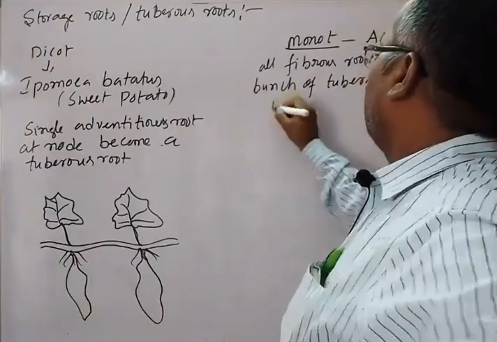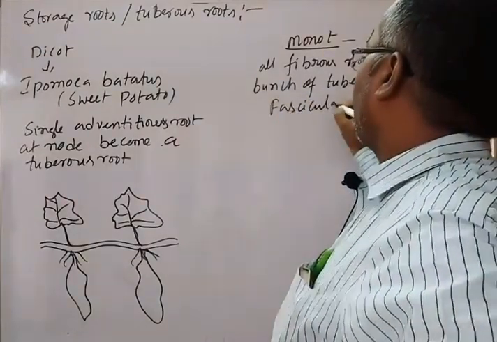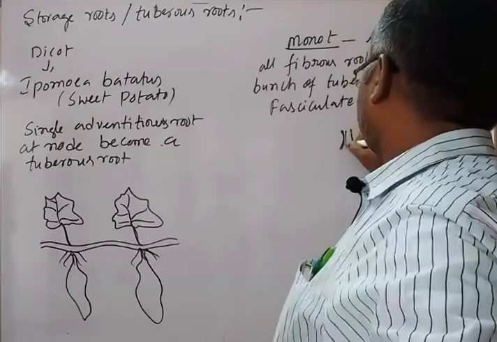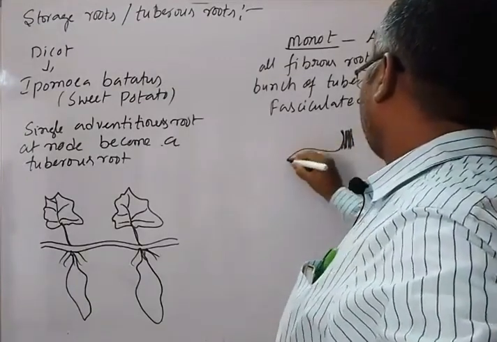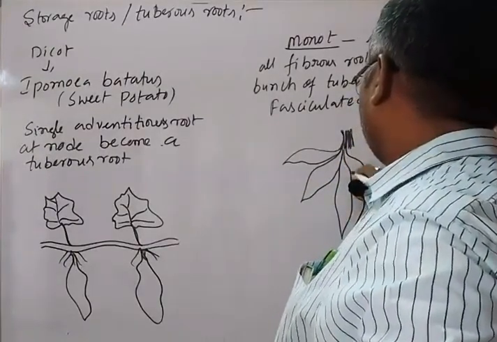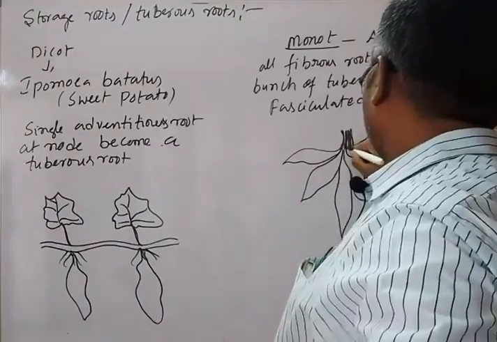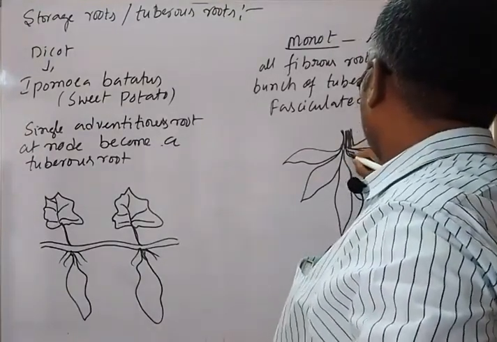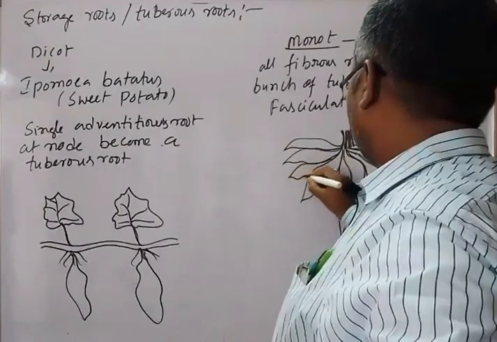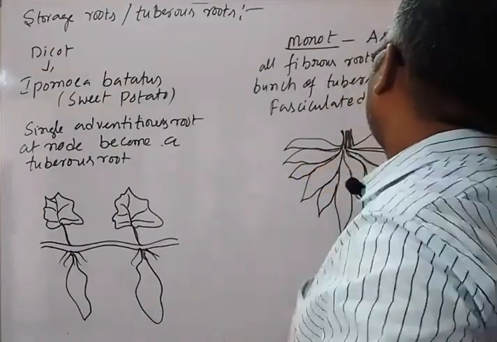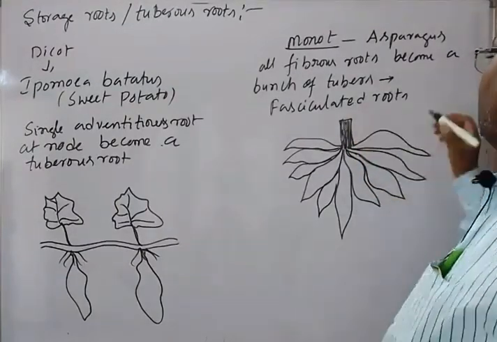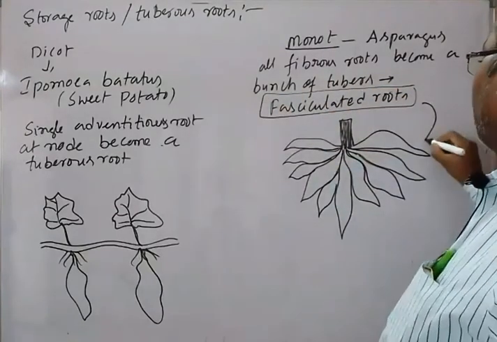That is called fasciculated roots. This is a bunch of roots in asparagus.